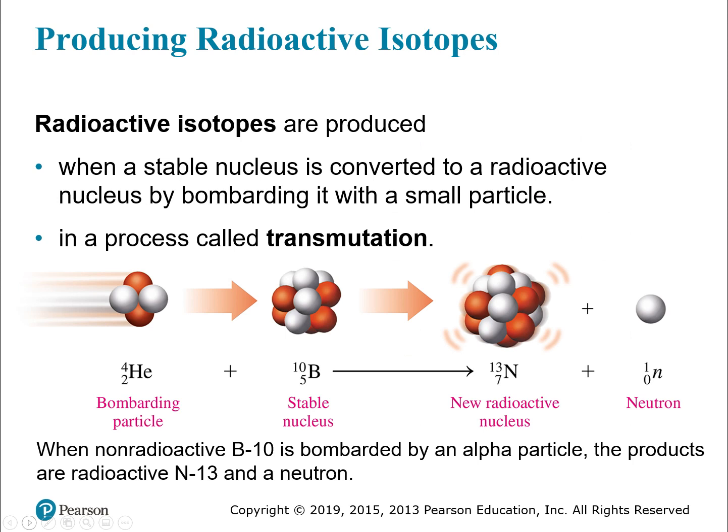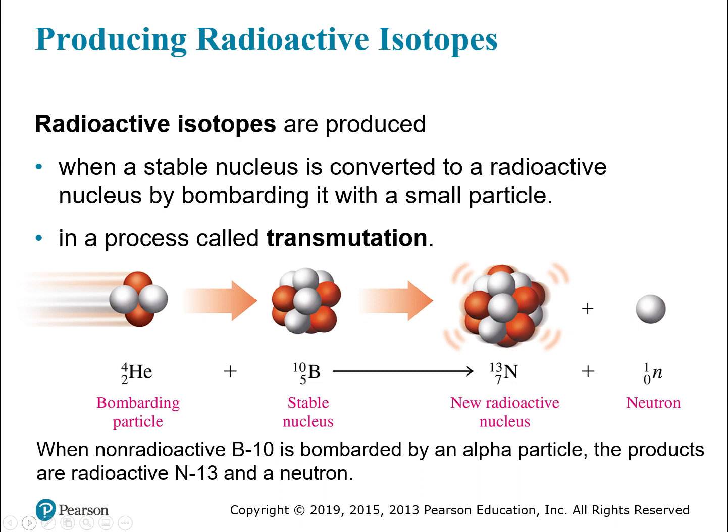Let's talk about how you produce radioactive isotopes. If you have a stable nucleus, you can convert it into a radioactive nucleus simply by bombarding it with small particles. This process is called transmutation.